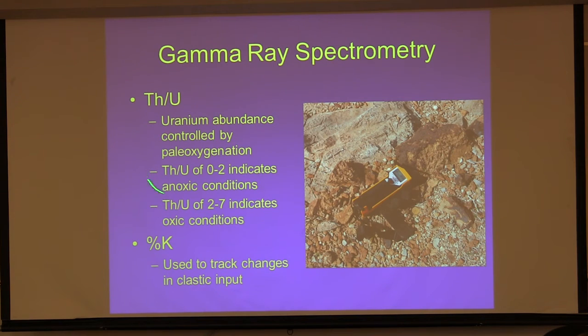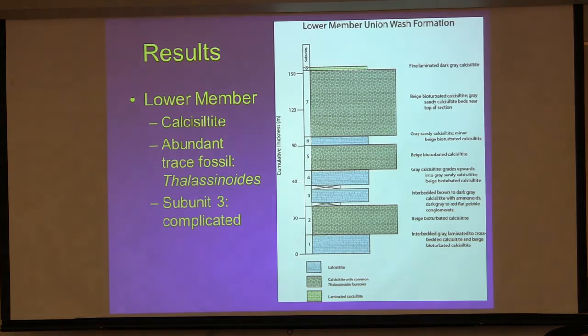So a low thorium-uranium ratio indicates anoxic conditions, and a high thorium-uranium ratio indicates more oxic conditions. I also took potassium readings, which would track changes in the clastic input in the section.